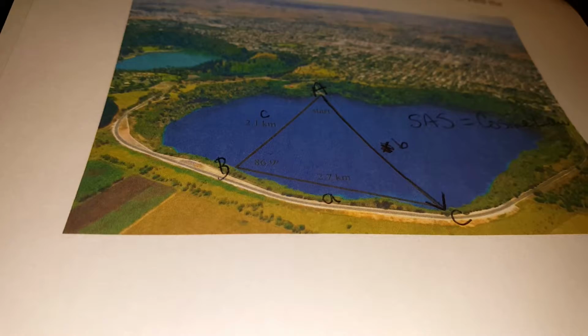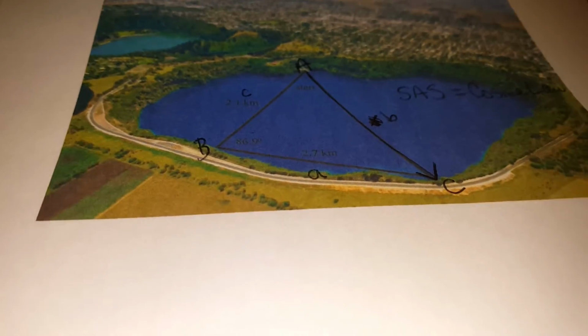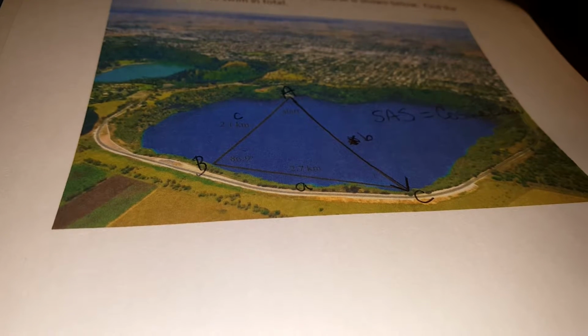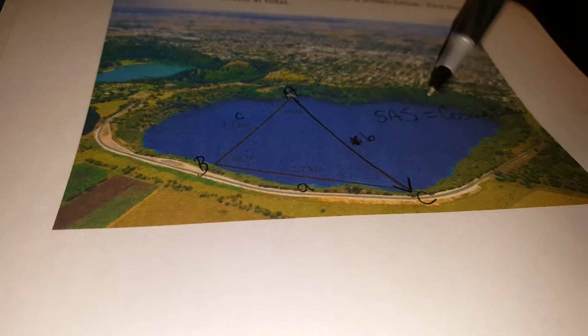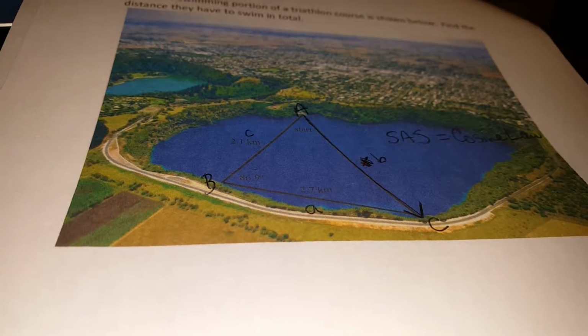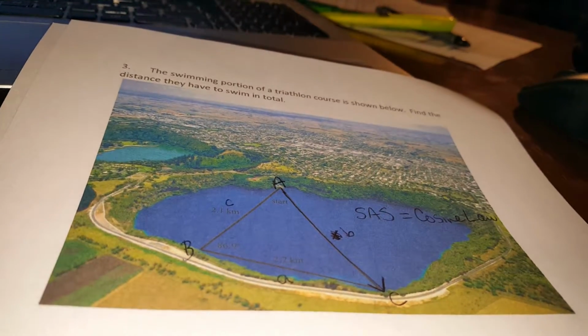So we know that cosine law is written three different ways depending on what it is that you're looking for. Because I am looking for side B, I'm going to write it in relation to looking for side B. And again, you have to just know how to set these up.